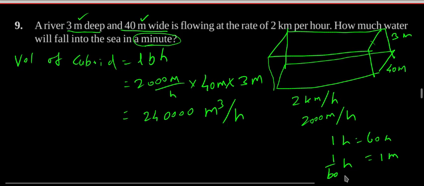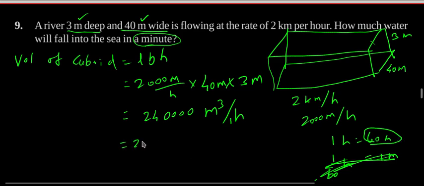So if you want to write it in minute, we have to divide it by 60. 1 hour equal to 60 minutes. So in place of 1 hour, we can write 60 minutes.